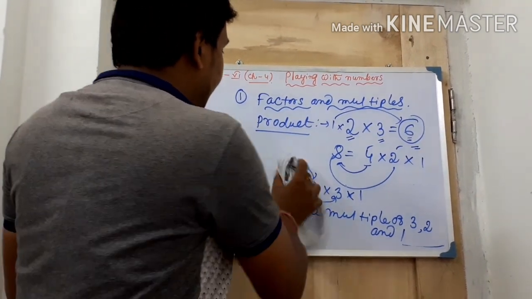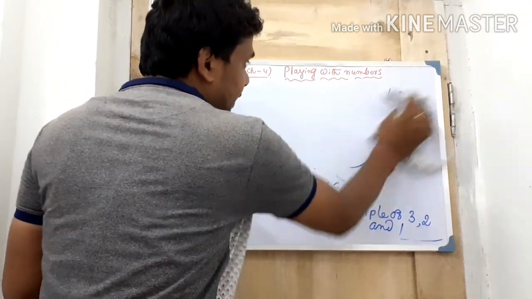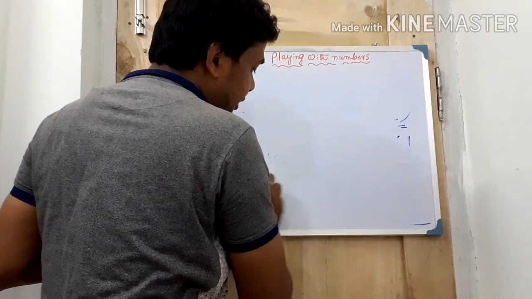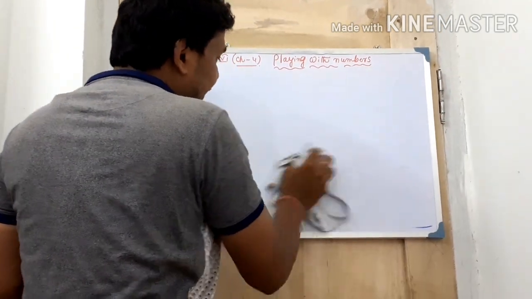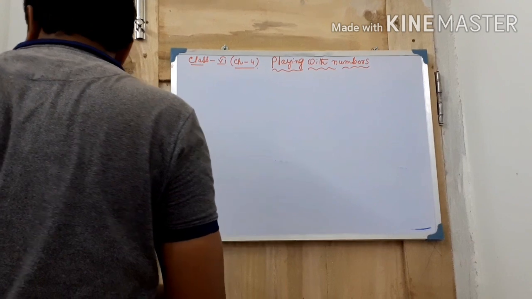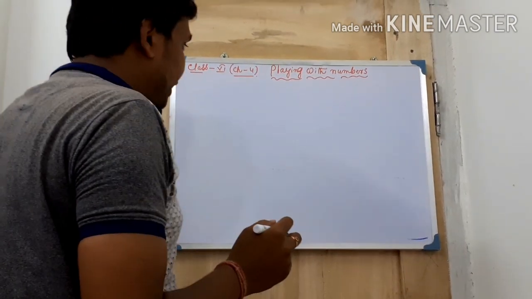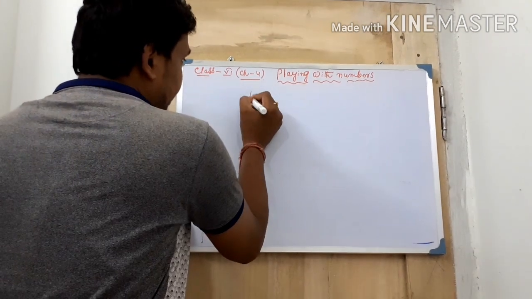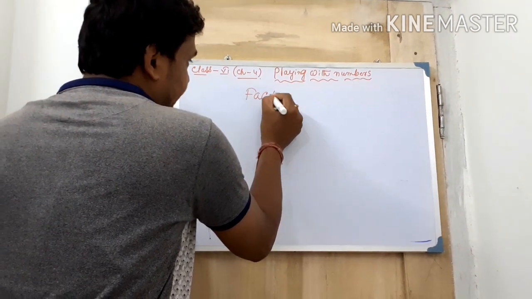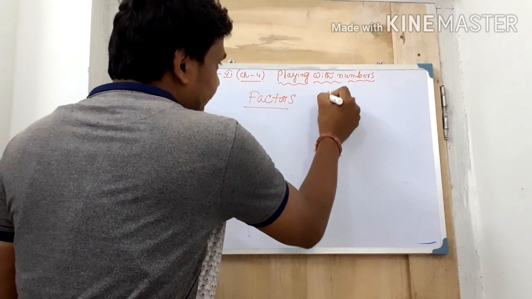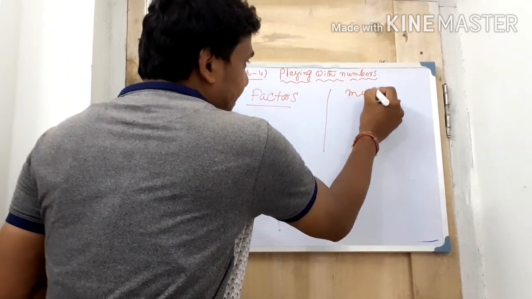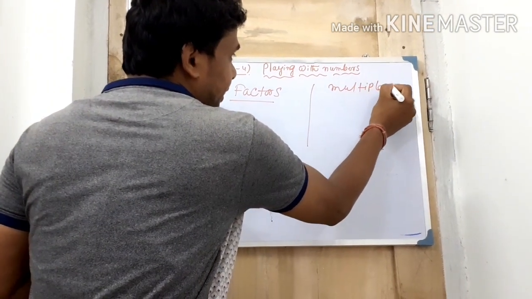Now from these two things, what idea are we getting? Suppose we make the difference between factors and multiples. I am making the arrangement here: first of all, factors on this side, and multiples on the other side.